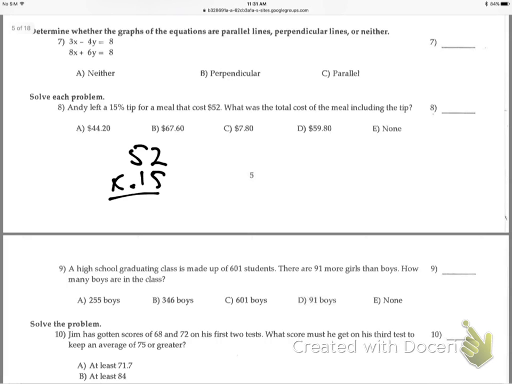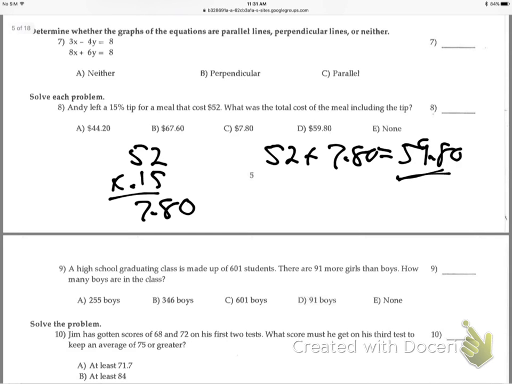So what is that? Is it 7.80? This is 7.80, and then you add, so you get 59.80. Is that what it is? D? It's always D. Make sense? Just take 15% of it and add the original. You know that.